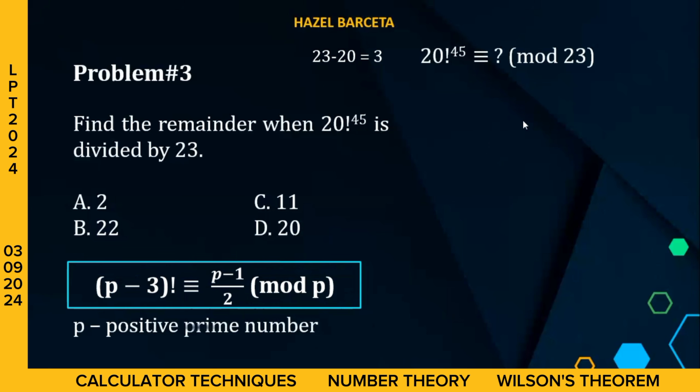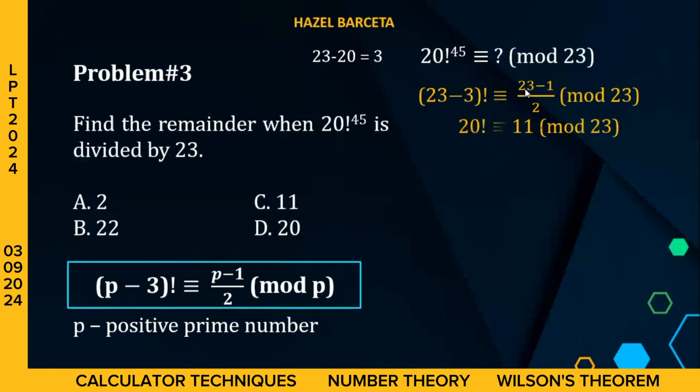And here it is. Oh, by the way, P must be a positive prime number and check naman po ang ating 23. So, let's proceed. 23 minus 3 is equal to 20 factorial. So, ito na po yung ating problem. 23 minus 1 is 22 divided by 2, we have 11.